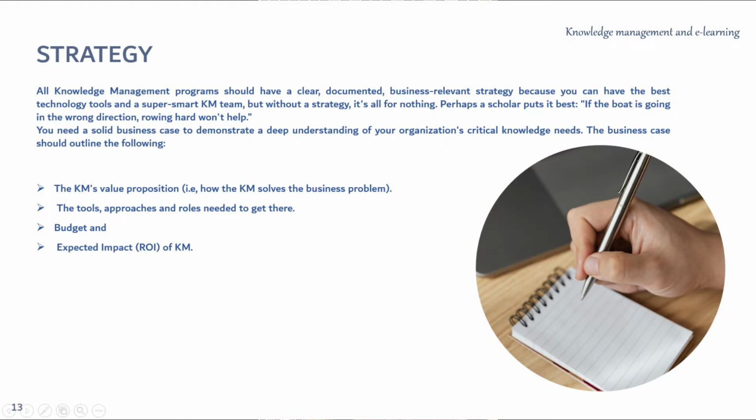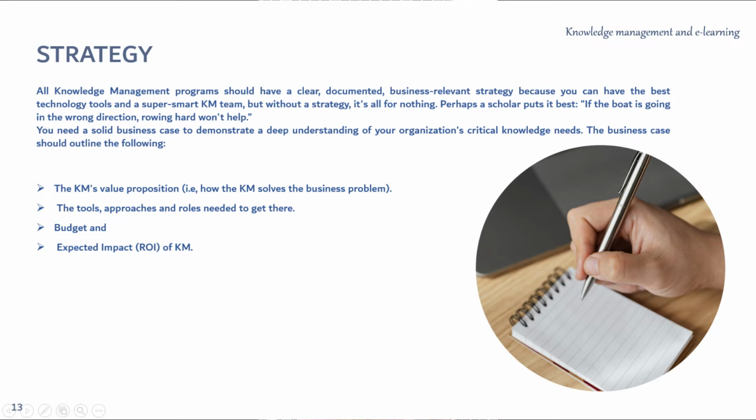Strategy. All knowledge management programs should have a clear, documented, and business relevant strategy, because you can have the best technology tool and a super smart knowledge management team, but without a strategy, it's all for nothing. Perhaps a scholar put it best: if the boat is going in the wrong direction, rowing hard won't help.